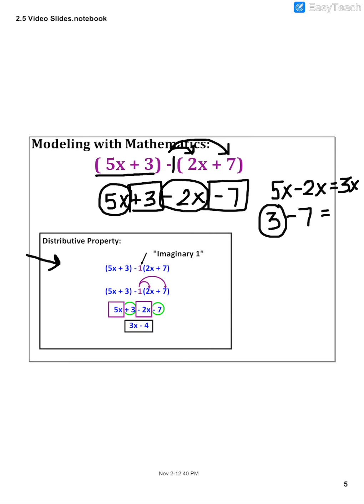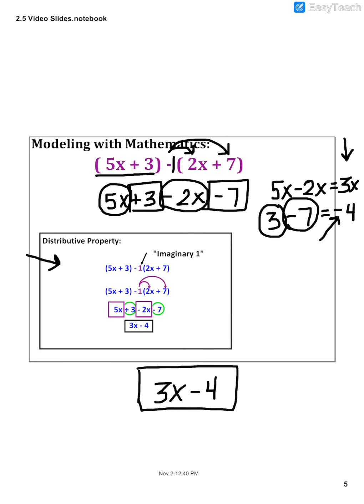When I combine these together, I get a negative 4. Now again, I'm going to take my two answers and put them together. 3x, and the way I determine the operation is based on the sign of the next answer. It's a negative 4, so I'm writing negative 4, or minus 4. And my final answer is 3x minus 4.